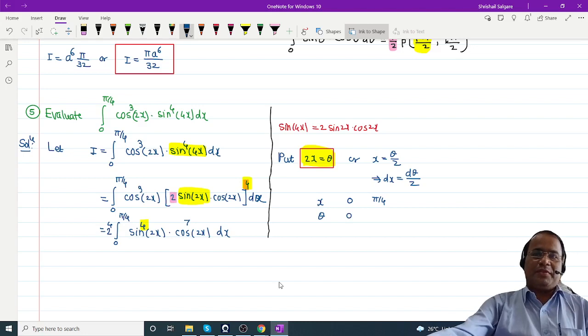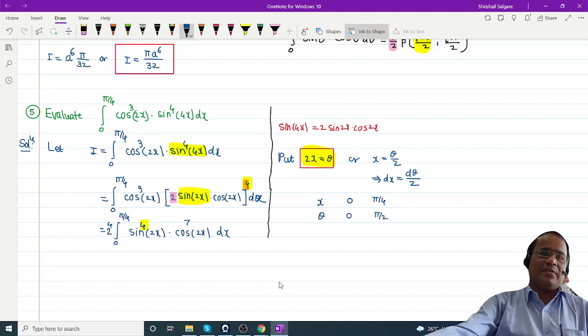If you substitute x equal to pi by 4, then you get the limit pi by 2, and that is our requirement. So further it can be written as 2 raised to 4 into the new limits from 0 to pi by 2. Now this is sine theta raised to 4 into cos theta raised to 7, and dx is d theta by 2.